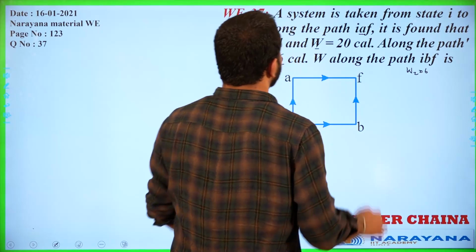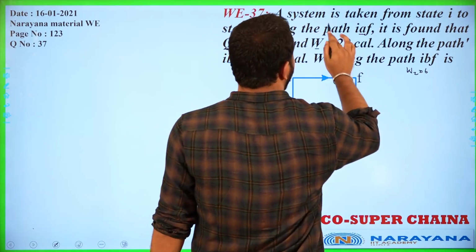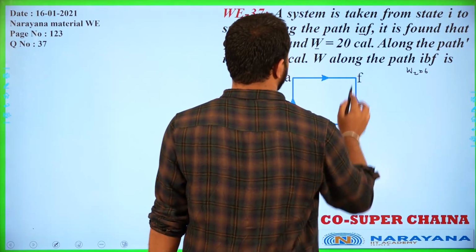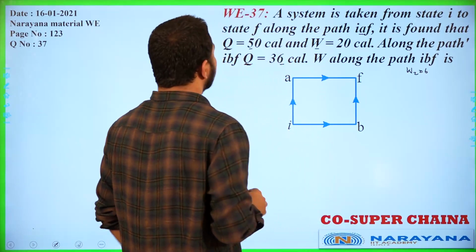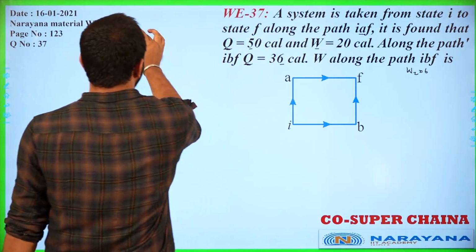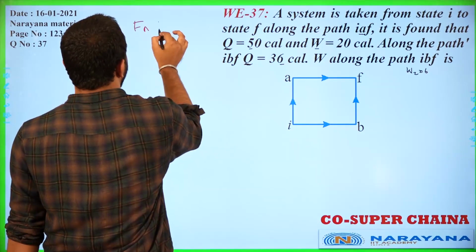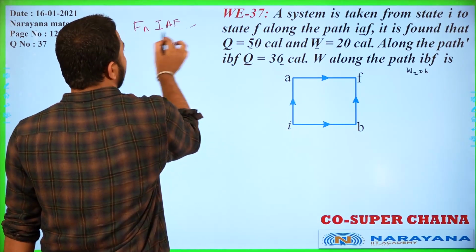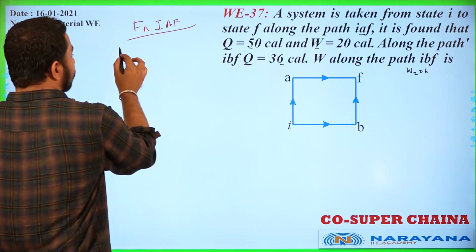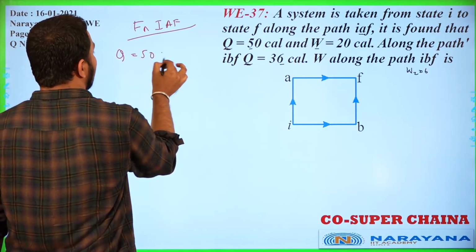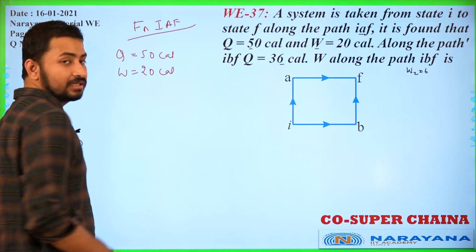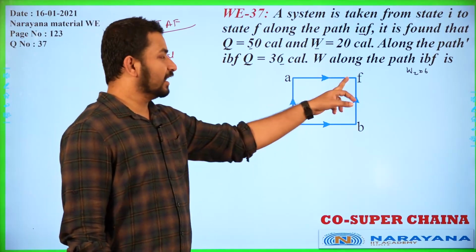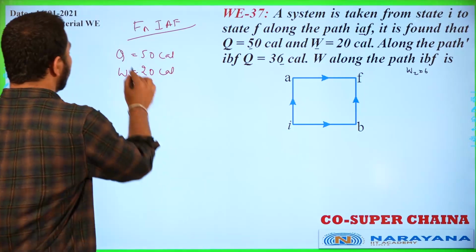Here in this question, a system is taken from state I to F, so from I to F this system is IAF. This is how it is taken. Q is given for the IAF process: Q is given as 50 calorie, W is given as 20 calorie. So for the IAF process, Q and W are given.